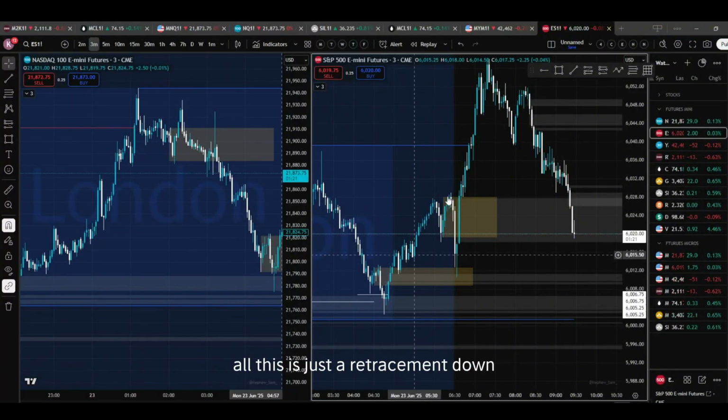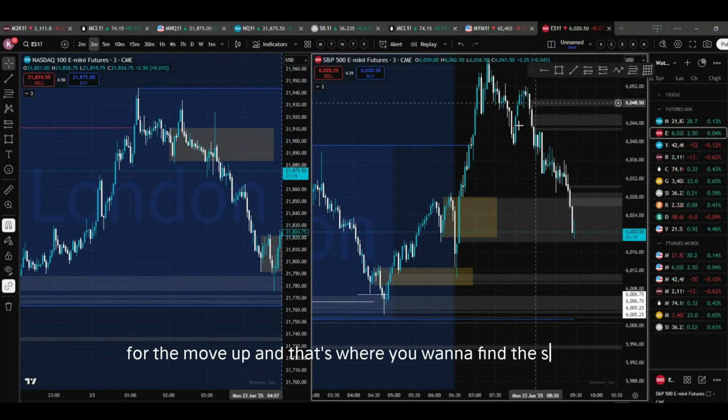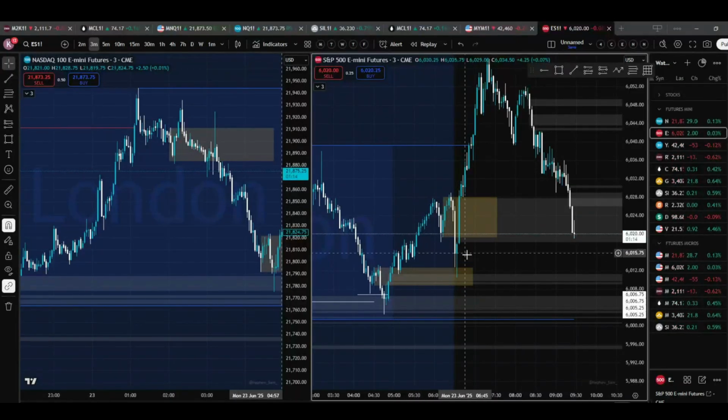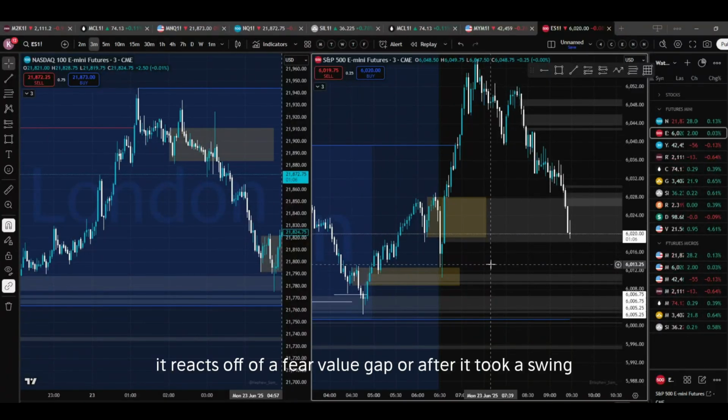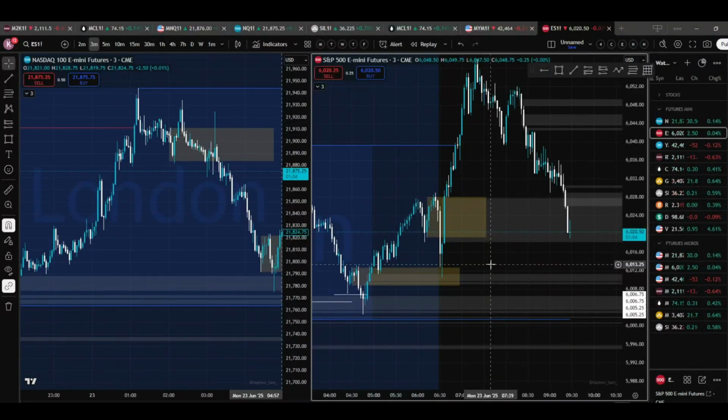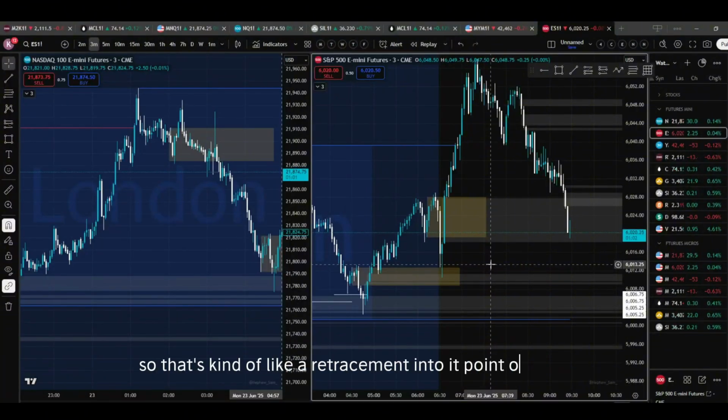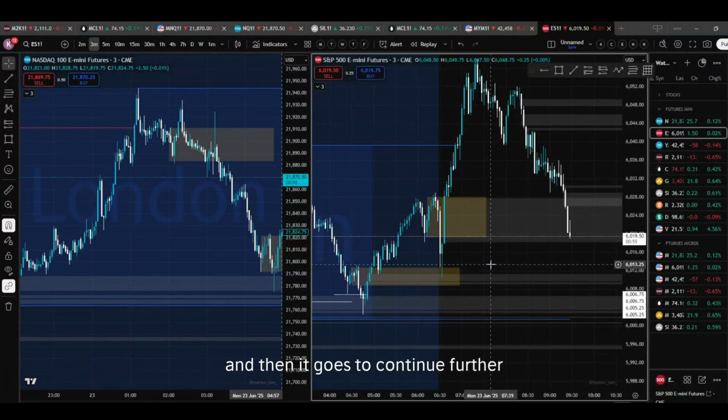All this is just a retracement down and then a move up. And that's where you want to find the second unicorn. The second unicorn usually reacts off of a fair value gap or after it took a swing low. So that's a retracement into a point of interest, and then it continues further.